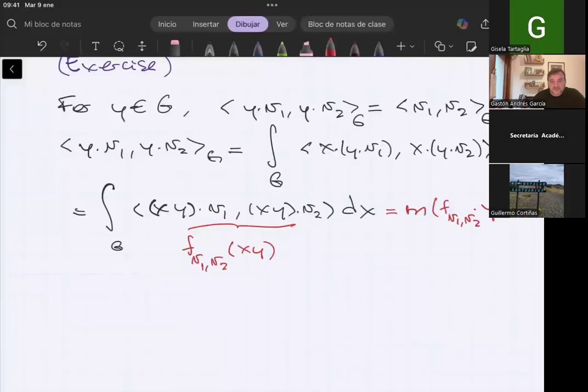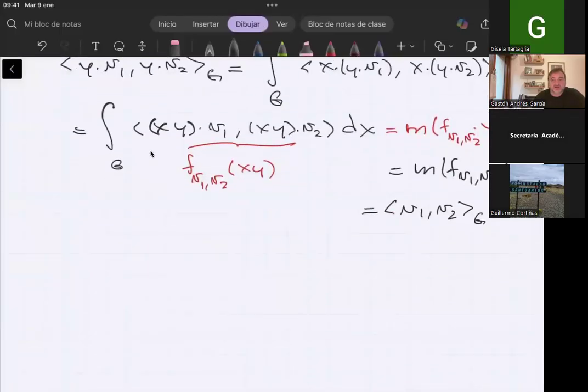Yes, it was the definition of the right translate of a map. And for that, we know that the Haar measure is invariant under right and left translation. So this is again the measure of f V1, V2, and this is exactly the inner product of V1, V2 in G. So here you see we're using all the properties of the Haar measure.